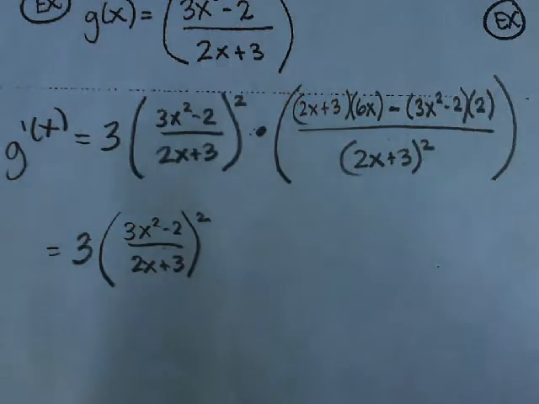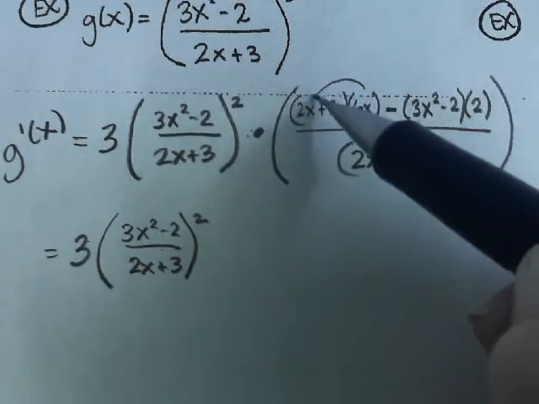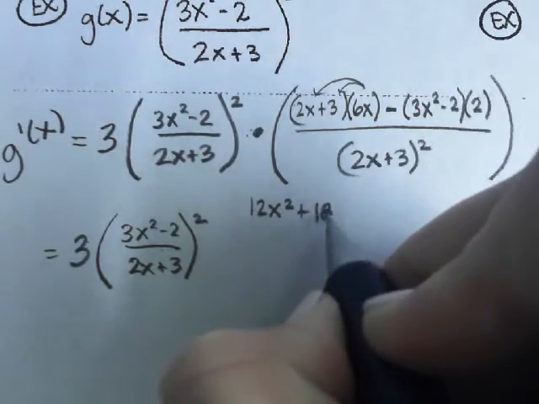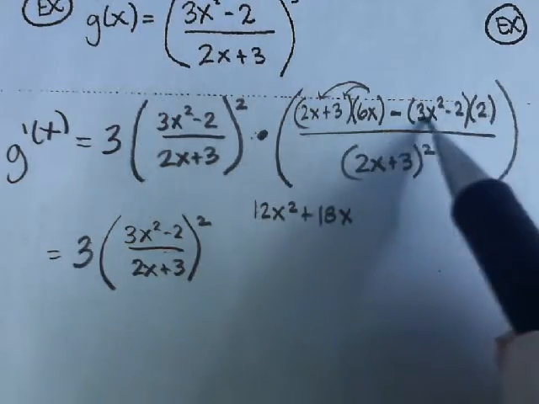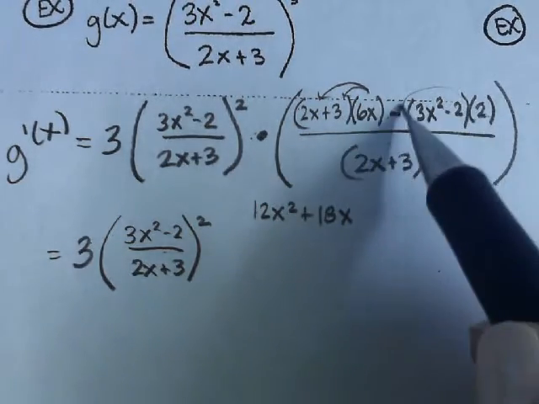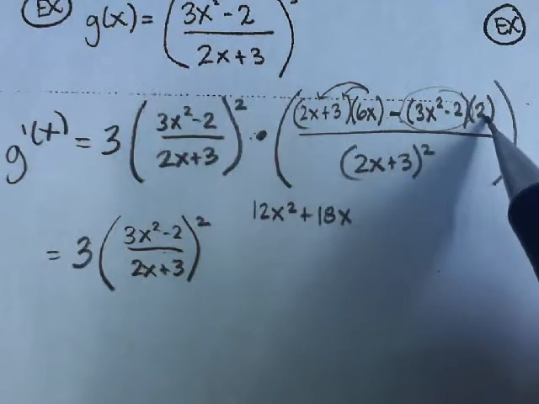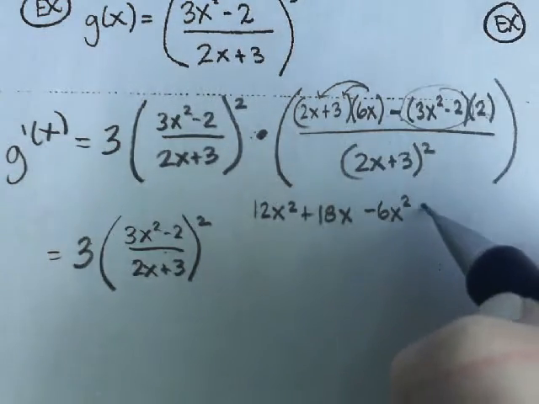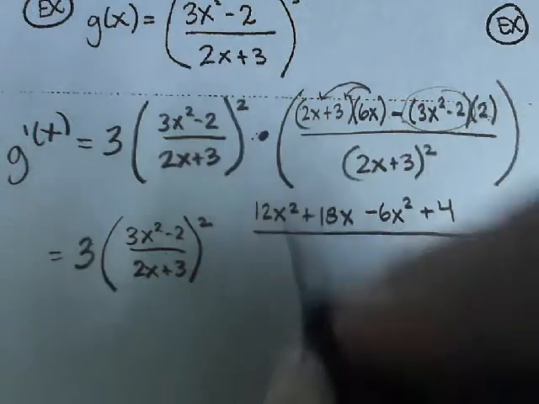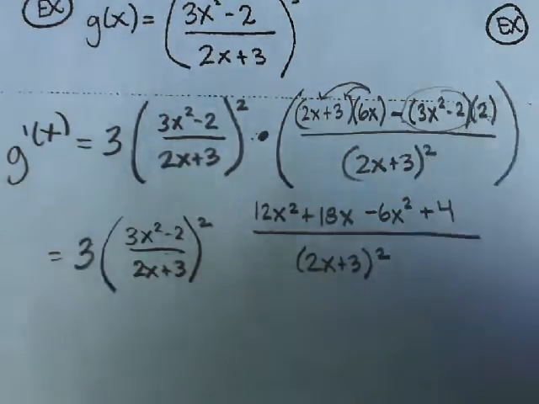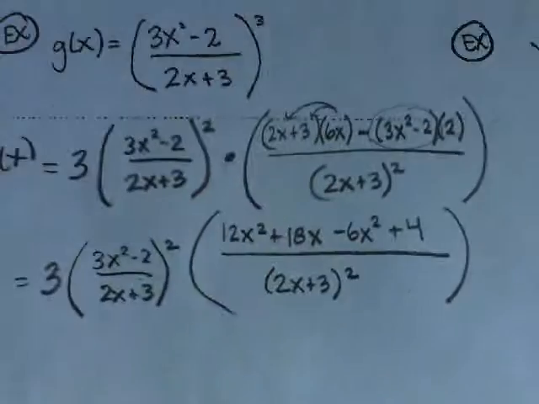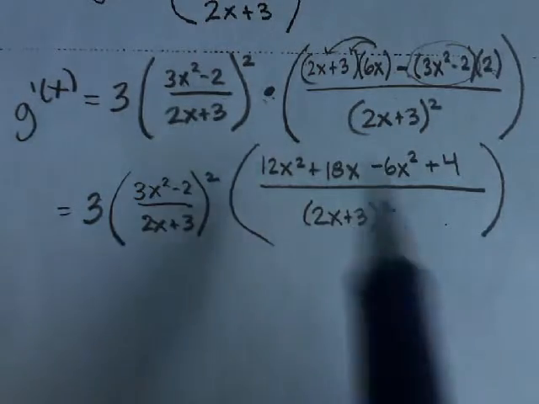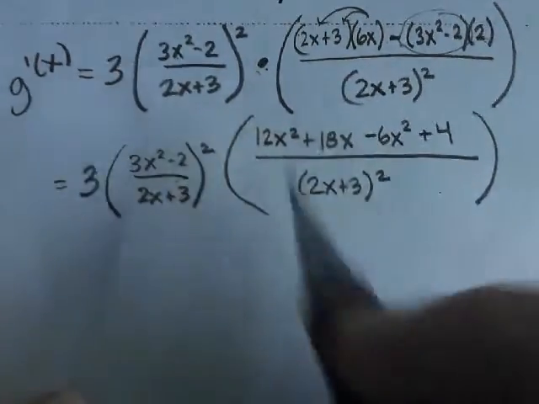When I distribute over here, I'm going to get 12x squared plus 18x. And right here, I'm technically distributing a negative 2 to this binomial. This negative and this 2. So that'll be a negative 6x squared plus 4. So this numerator is going to become 6x squared plus 18x plus 4.